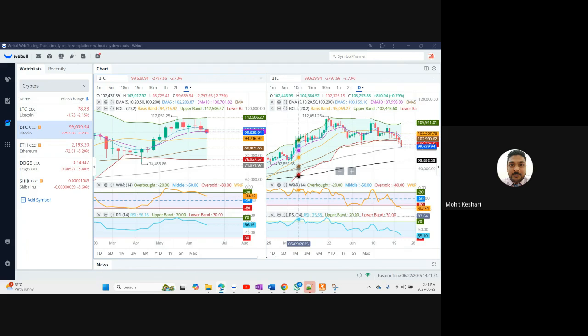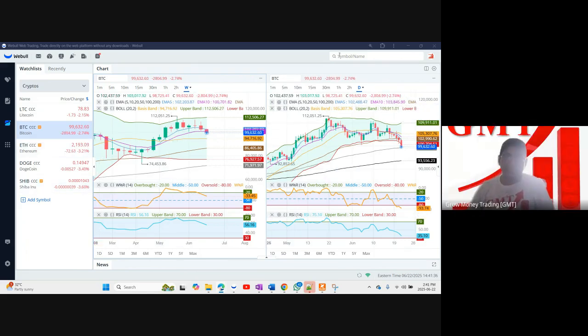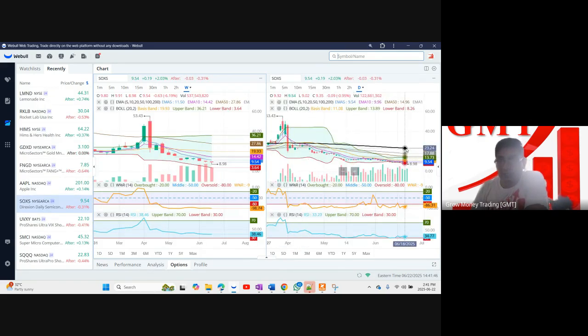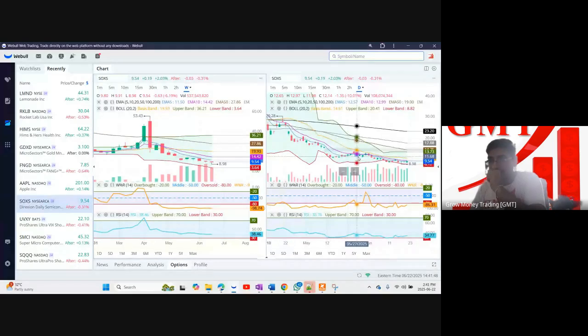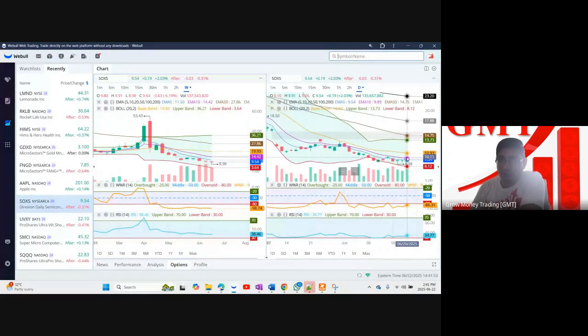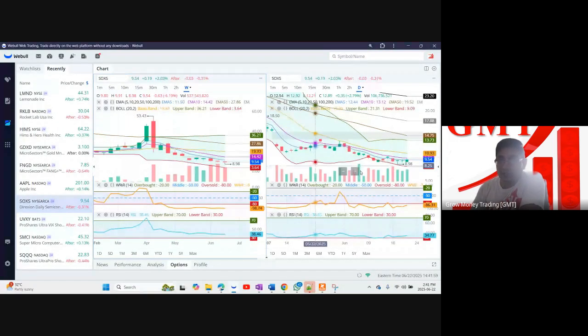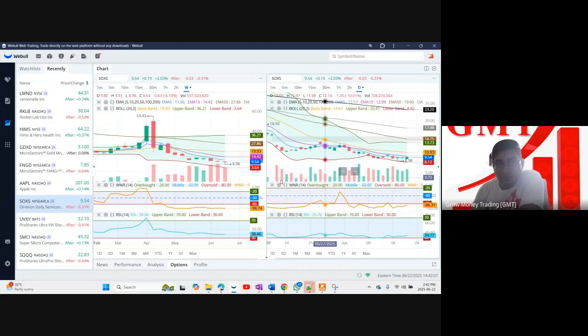Kamal, if I may, SOXS. Okay, SOXS. So SOXS is an inverse ETF of SOX, and for SOX, we have seen that SOX is expected to drop, and since SOXS is an inverse ETF, if SOX drops, SOXS is expected to go up.